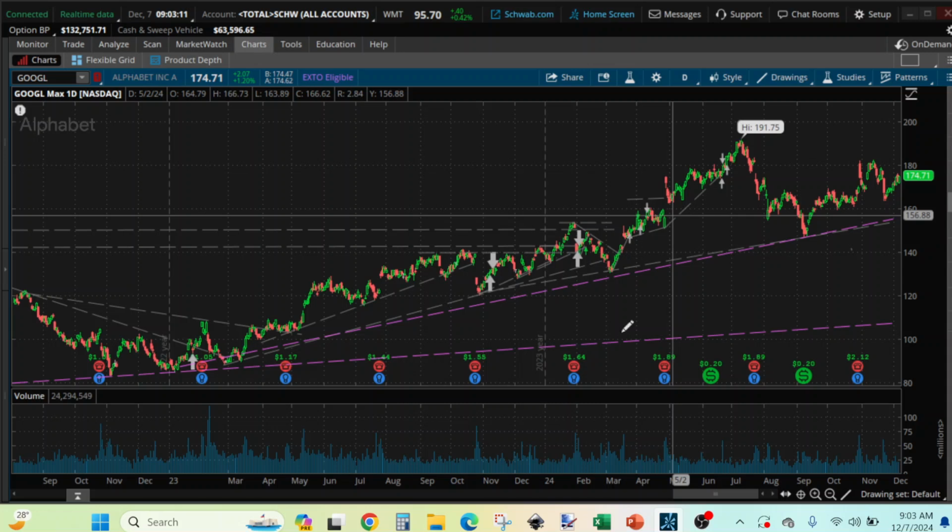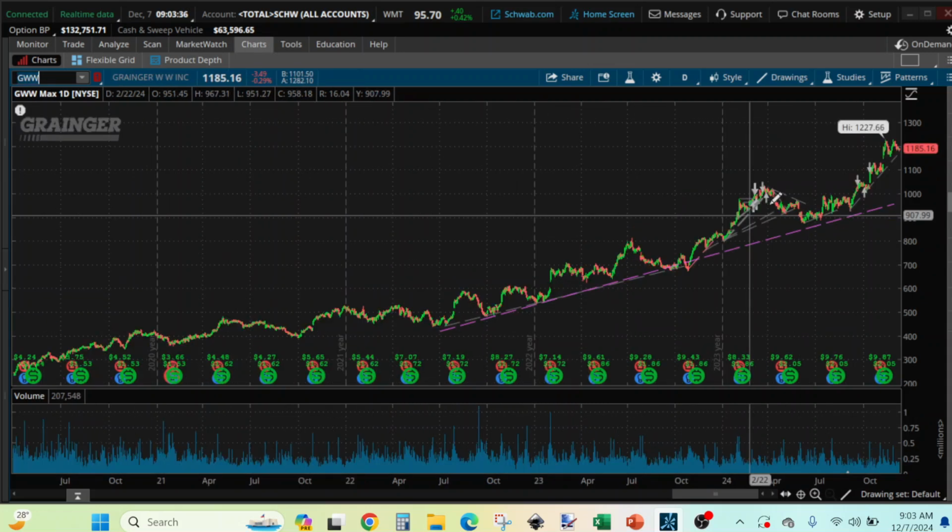GWW. So we have this line, a long-term trend line, and we have a 6-month trend line or so, and I think that's pretty much what it's doing here.